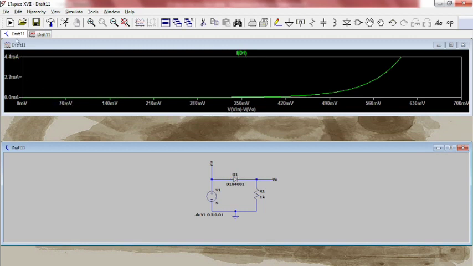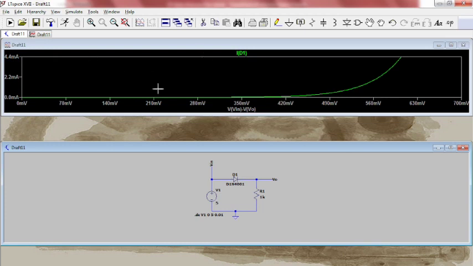Now our graph came. This y-axis shows the current through the diode, and the x-axis is the voltage across the diode.